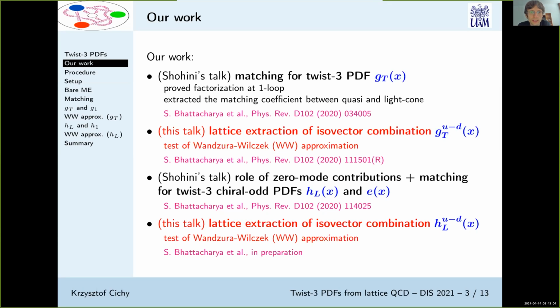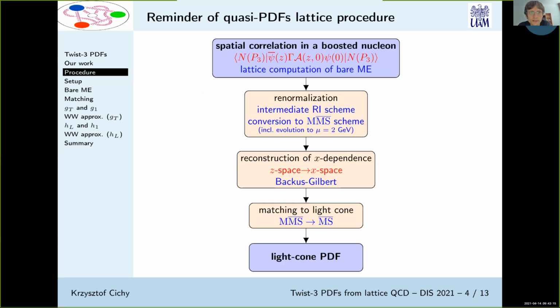And now I will tell you about the lattice part, which was the extraction of the isovector combinations U minus D for the Twist-3 PDFs GT and HL. First, a brief reminder of the quasi-distribution procedure. As I said, we are probing spatial correlations in a boosted nucleon. The first part is the lattice computation of bare matrix elements. These bare matrix elements contain logarithmic and power divergences, so they need to be renormalized.